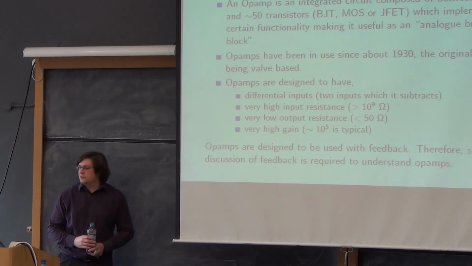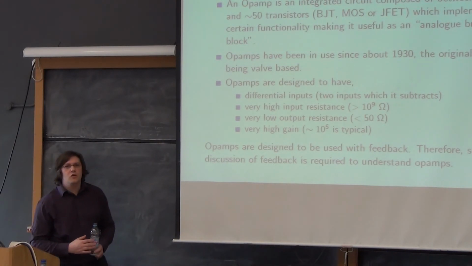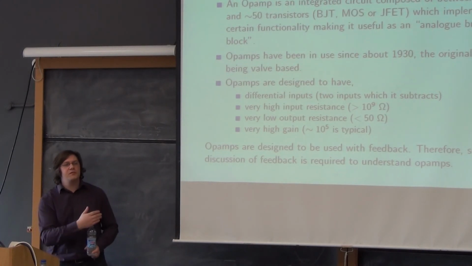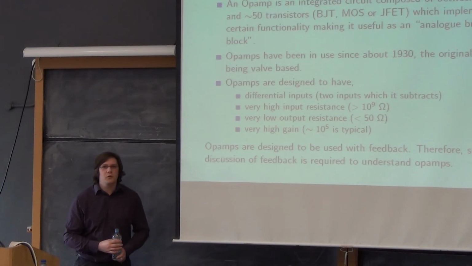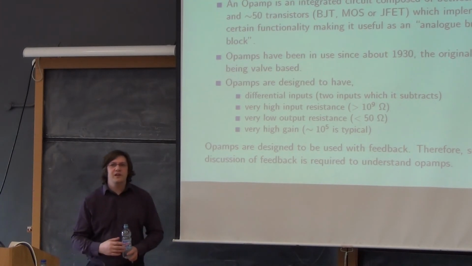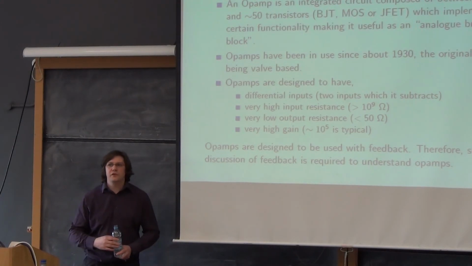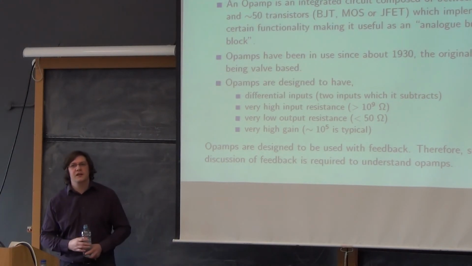Op-amps are designed to be used with feedback, so we need to talk about feedback a bit more thoroughly than we have. We discussed some feedback in Circuit 1 and Circuit 2, but we never really talked about how feedback is dealt with mathematically. We just looked at the voltages and decided what ought to happen.